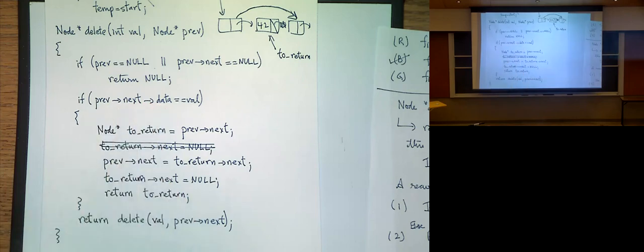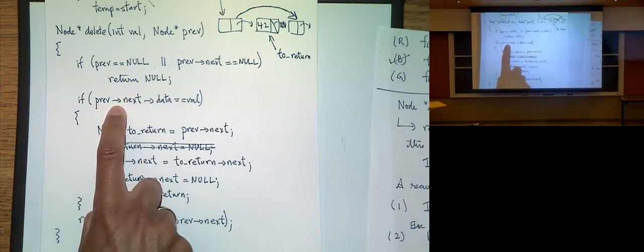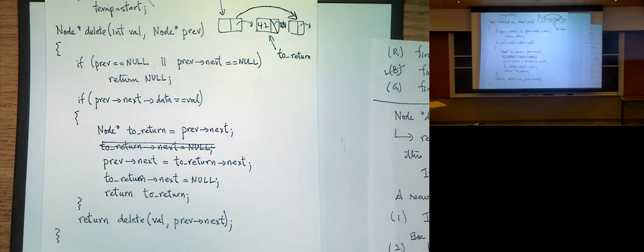It's not a pointer to an int. No, but that's because you use a dot when you have access to the object. This is access to a pointer to the object. Previous arrow next is a pointer. It's not the object itself. That's why you don't have the dot, because you're dealing with the reference directly. Okay.